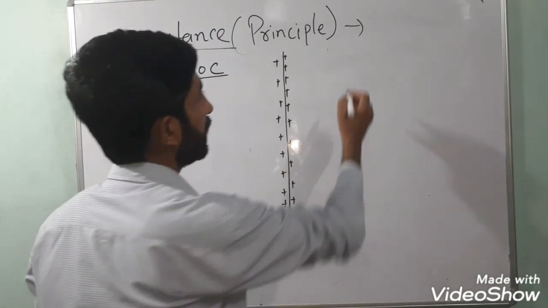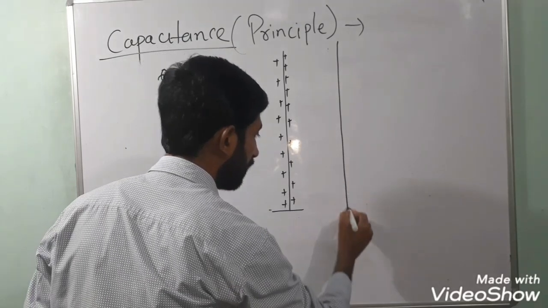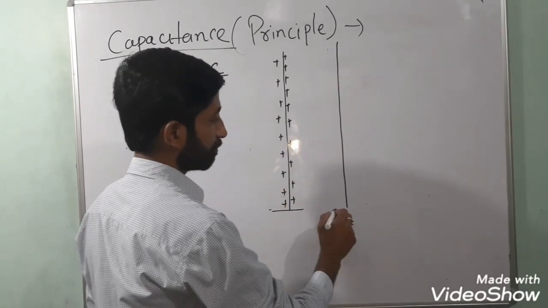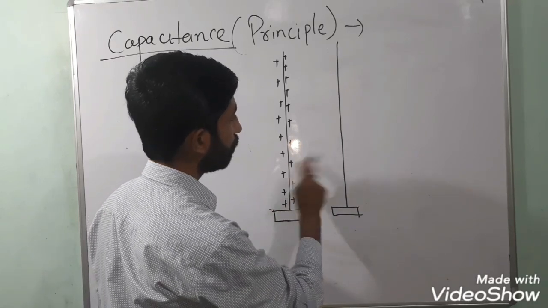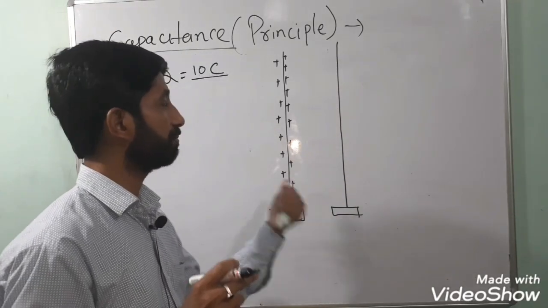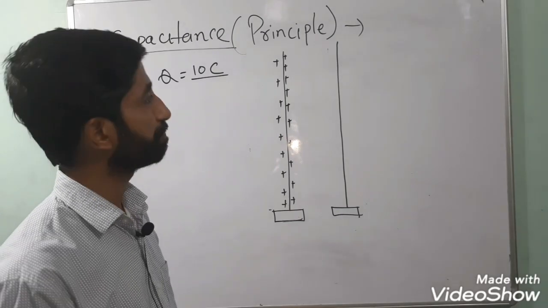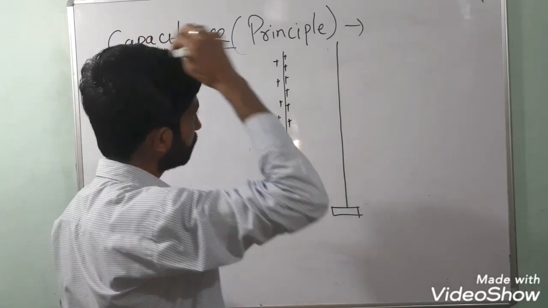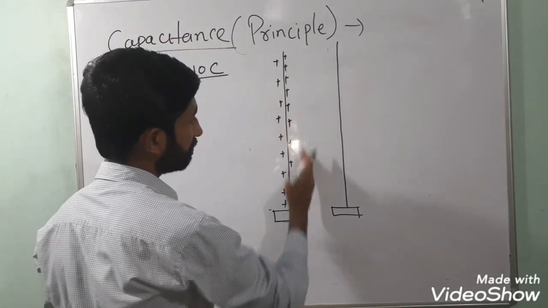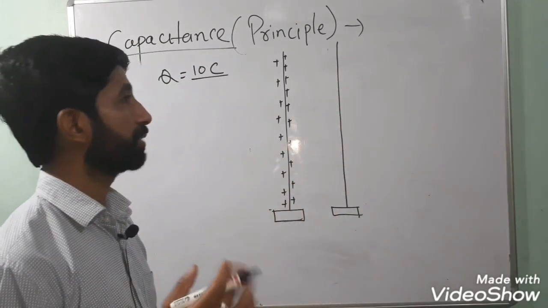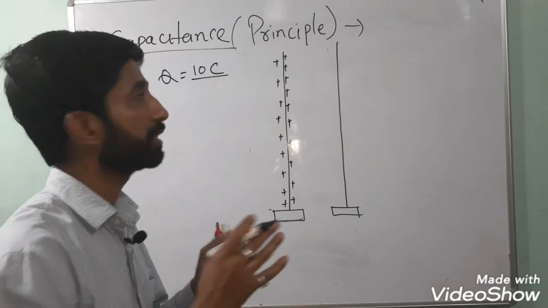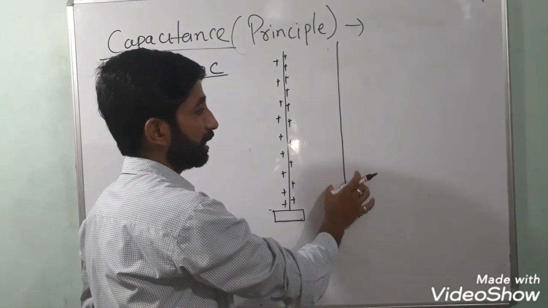But somehow, if you bring another uncharged conductor, which is again isolated, isolated meaning there is no metallic connection between these two, then this positively charged face induces a shift of the charges in this metallic body.